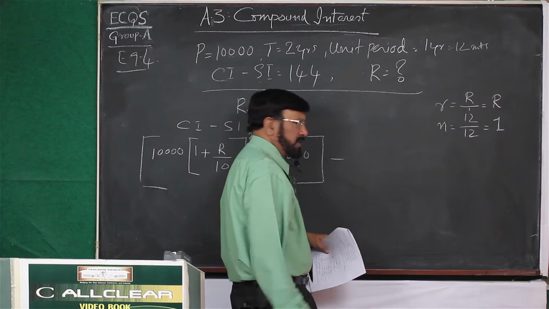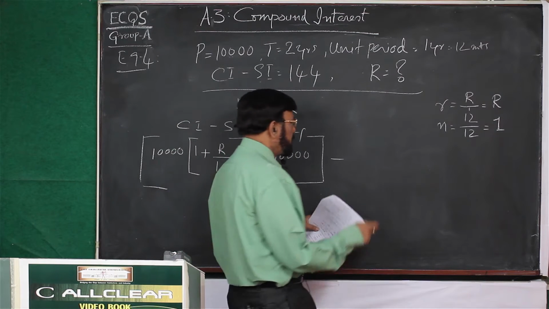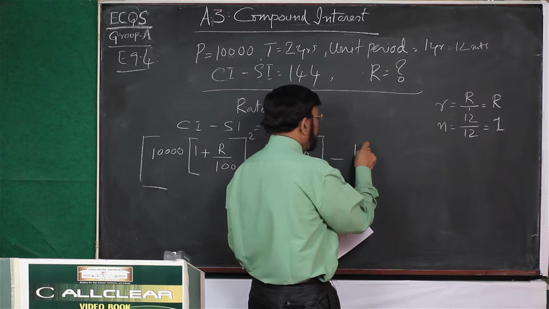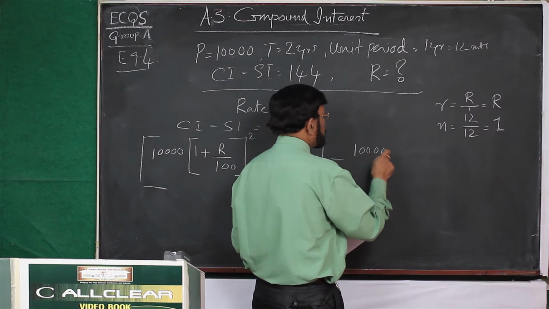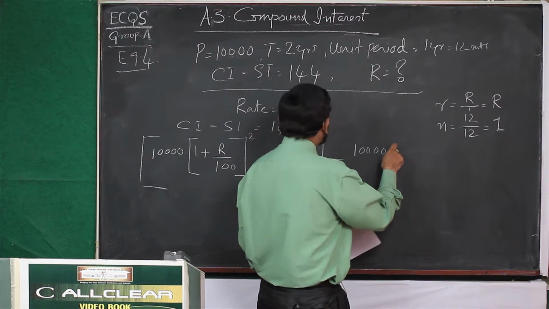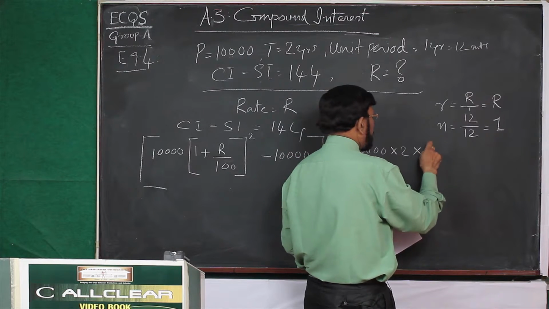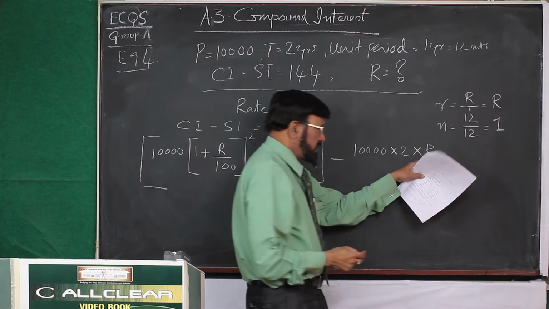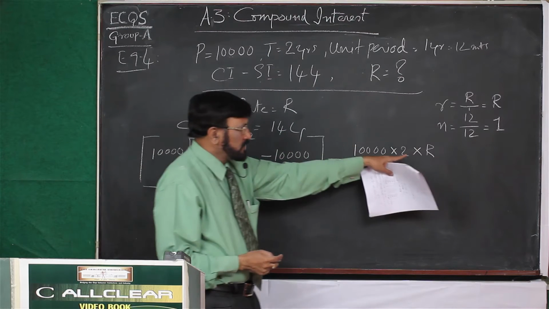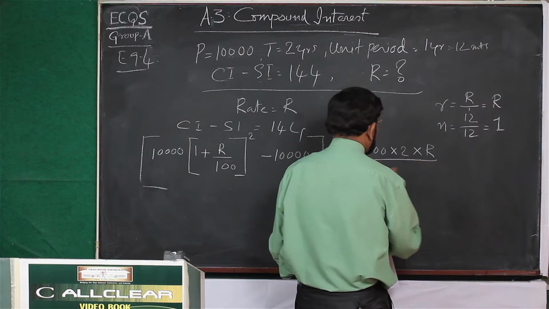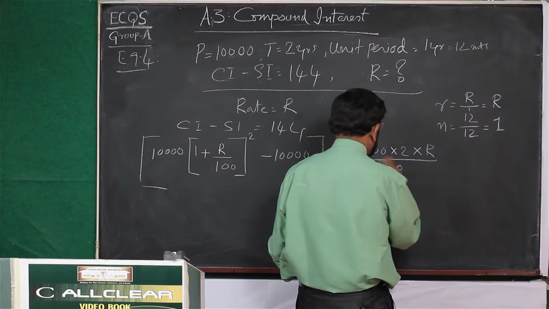Minus, what is the simple interest? Simple interest is P, 10,000, T is 2 years, R. R we are assuming because it is not given. So, assume it as R, and 100.